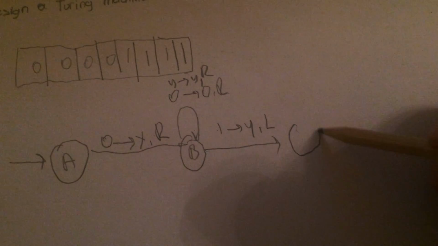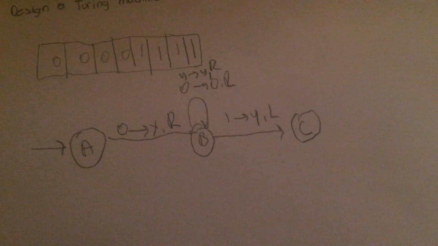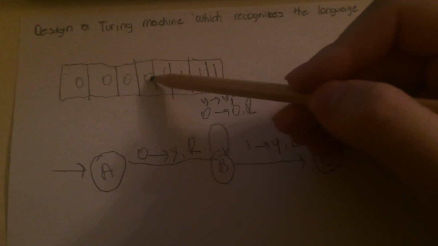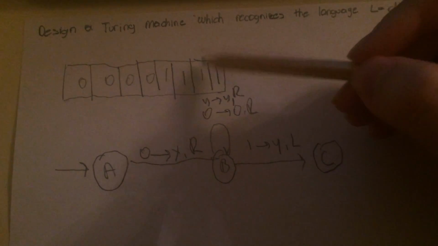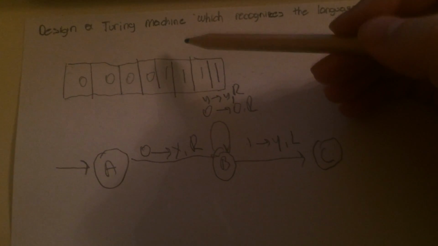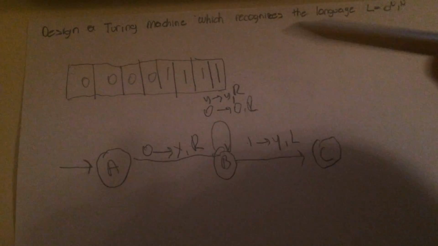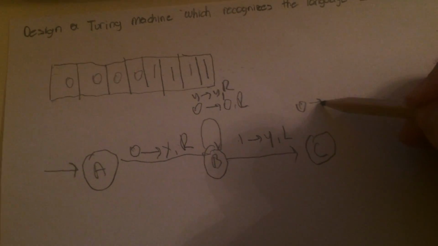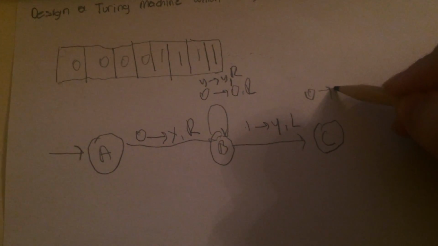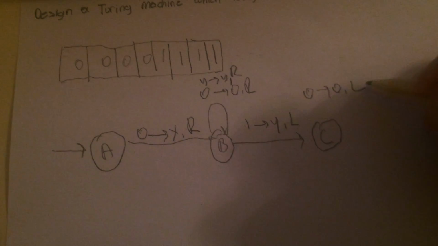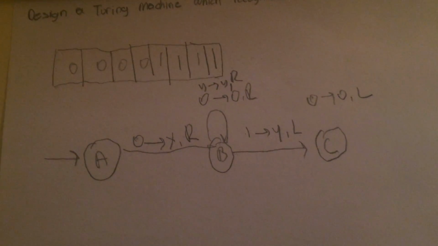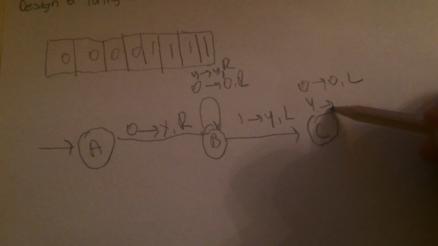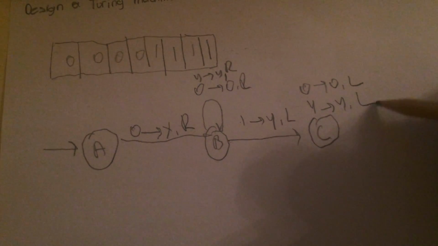We are in a new state, let's say C. Our tape head starts to see zeros, or after the second pass, y's. If it sees zeros, leave them and continue to go to the left, and if you see y's, continue to go to the left.